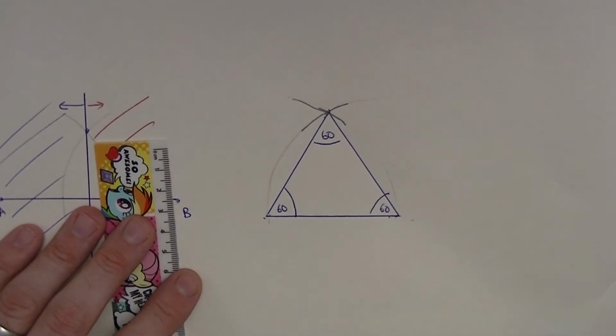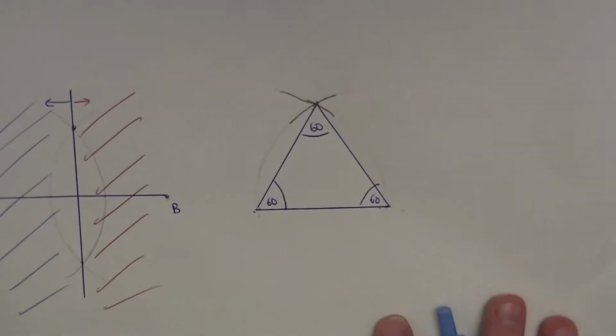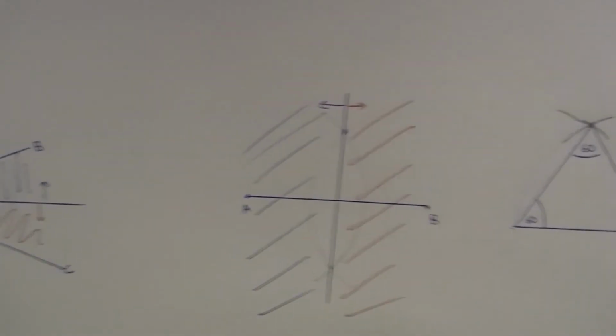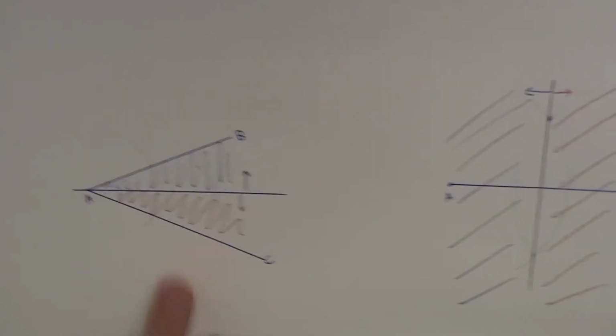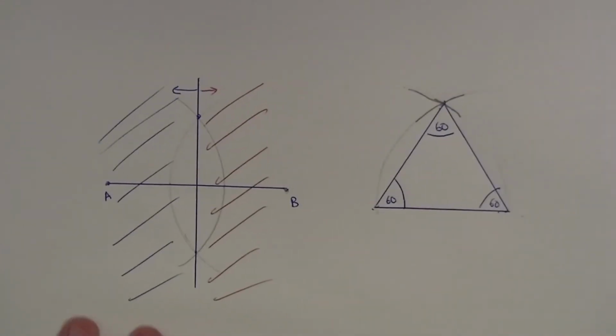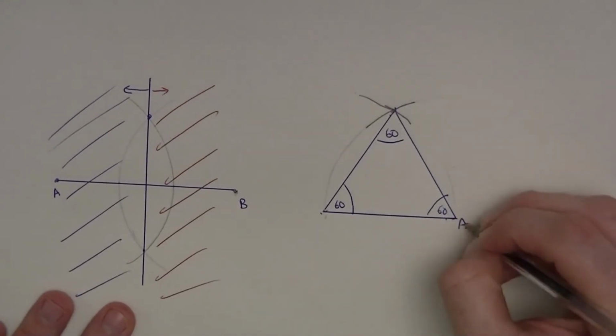Now, assuming that we've already constructed the 60, if they ask for a 30-degree angle, all we've got to do is take the 60-degree angle and bisect it like we did here. So let's say they would like a 30-degree angle at the point A, and point A was here.